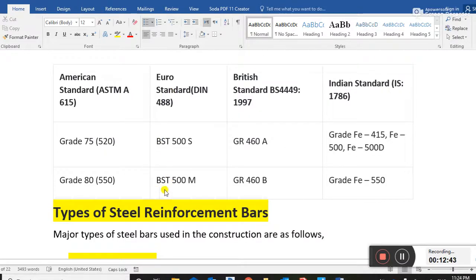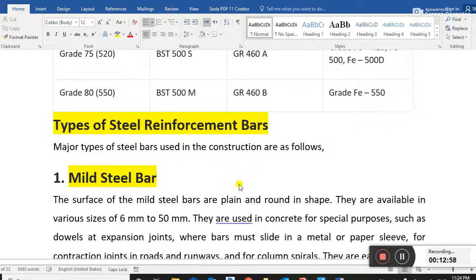In European standard it is B500M, in British GR 460B, and in Indian standard it is grade FE 550.